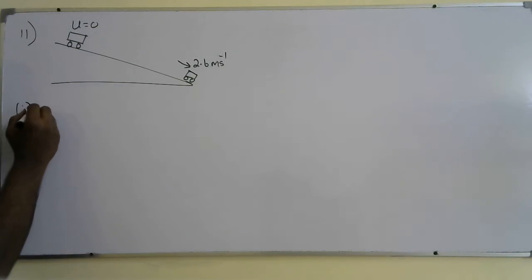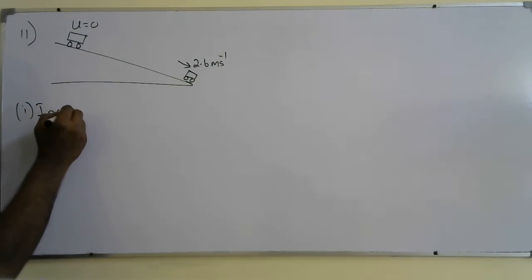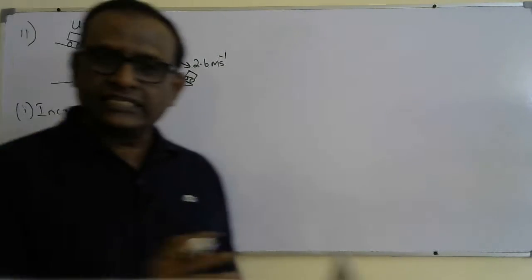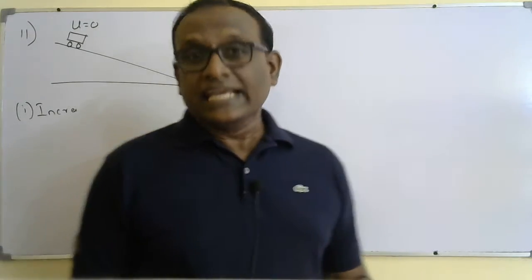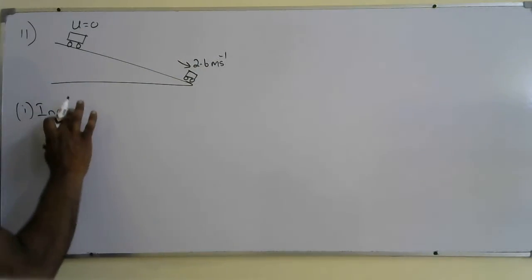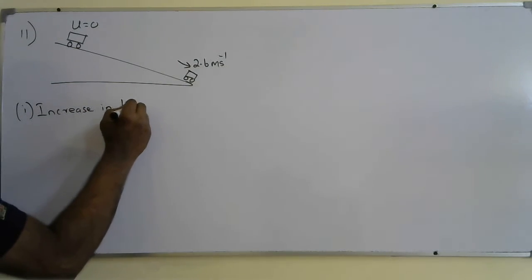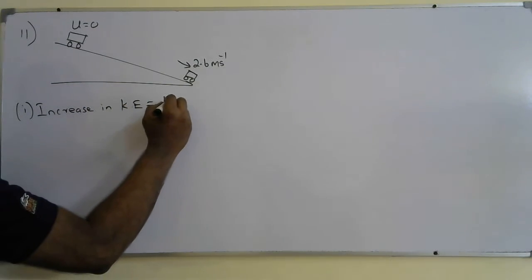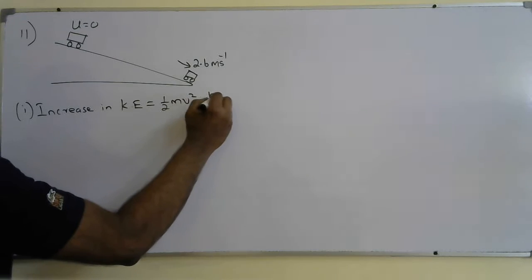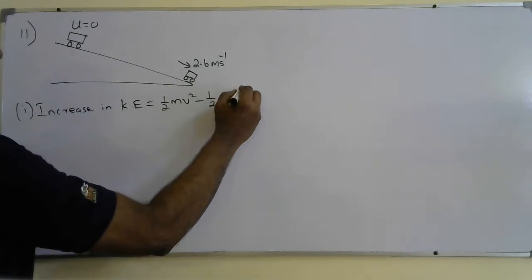Increase in kinetic energy means final kinetic energy minus initial kinetic energy. Half mv squared is the final kinetic energy, minus half mu squared.